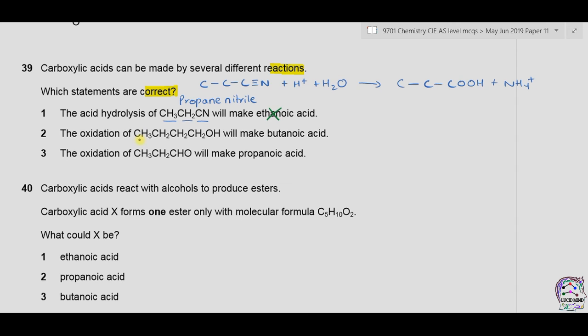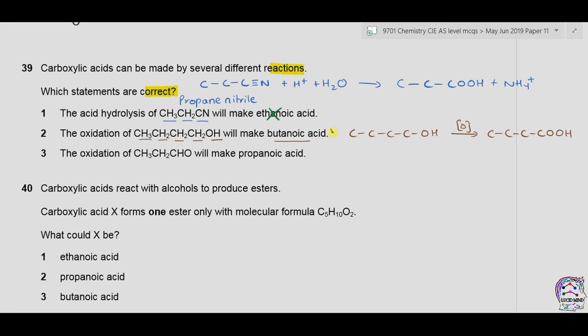2. The oxidation of CH3CH2CH2CH2OH, this is an alcohol, will make butanoic acid. Now this is a primary alcohol, and we know that a primary alcohol will first oxidize to an aldehyde and then convert into a carboxylic acid. The reaction will be like this. The ultimate product is a carboxylic acid, which is also of 4 carbons.